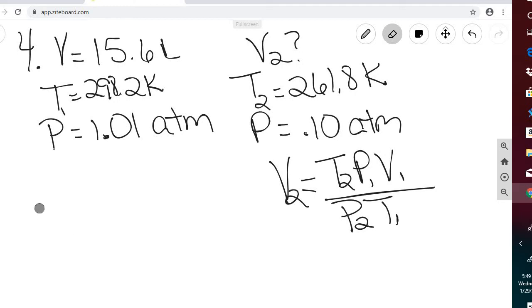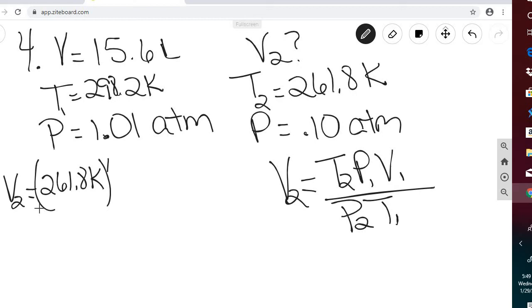So T2 is 261.8 K times the P1 pressure, 1.01 atmospheres, and then the V1, the initial volume on the ground, 15.6 liters.